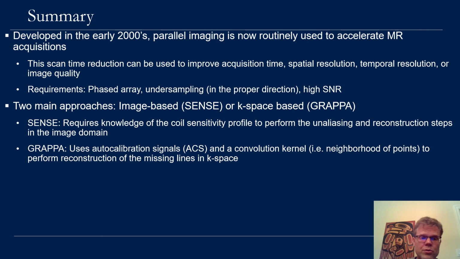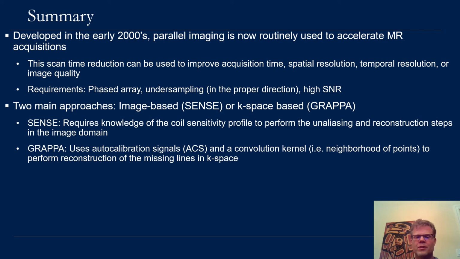And we talked about these two main approaches. There are variations within these methods, as well as other ones that we'll not talk about here. But these cover a lot of the major concepts used. We have the SENSE image-based methods, where we need knowledge of the coil sensitivity profile to perform the unaliasing and reconstruction. And then we have k-space-based methods like GRAPPA, where they use some auto-calibration signals to learn a convolution kernel.